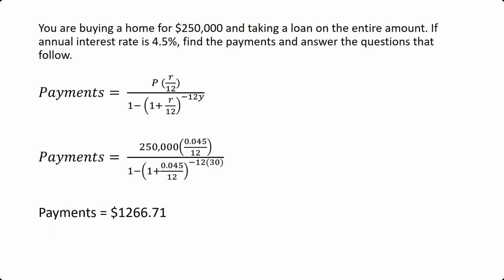If you're not getting 1266, you need to put your hand up and ask. Okay, so the 4.5 needs to be written as a decimal. So you have to change both of those. Any question?